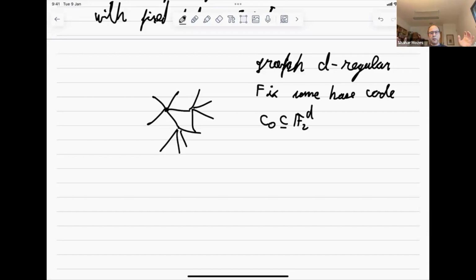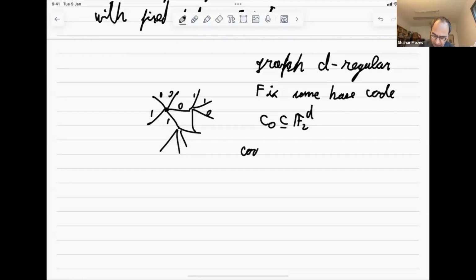So we're going to have a family of graphs which grow and have more and more vertices, but they're all d-regular. And then at each vertex, you see the edges. So you can think of ordering the edges, and we are going to write zeros and ones on the edges.